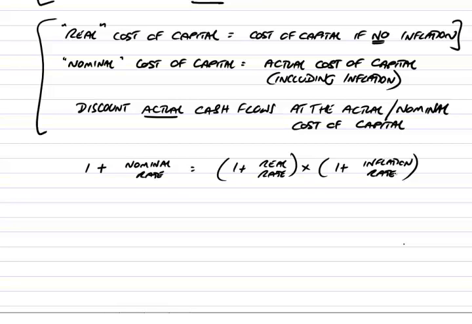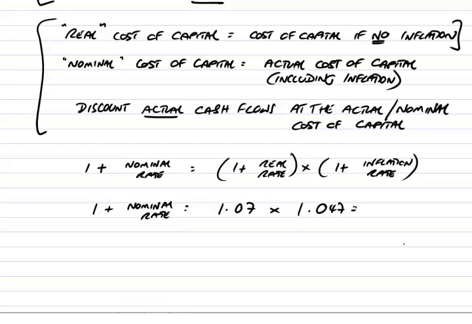And it's the general rate of inflation that affects the overall cost of capital. So 1 plus the nominal rate. Well, the real rate is 7%, or 0.07, 1 plus the real rate, times 1 plus, well, the inflation rate, 4.7 or 0.047.